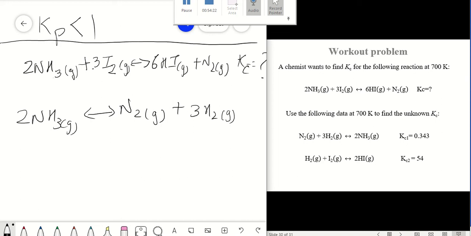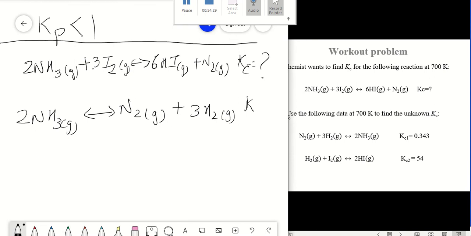Since I'm reversing this reaction, what would happen to my Kc? My Kc for this reaction is going to be the reciprocal of Kc1, correct? So I can figure that out now. Kc for this reaction is going to be 1 over Kc1. I'm going to write this as Kc prime.